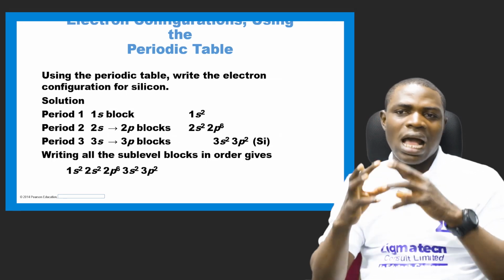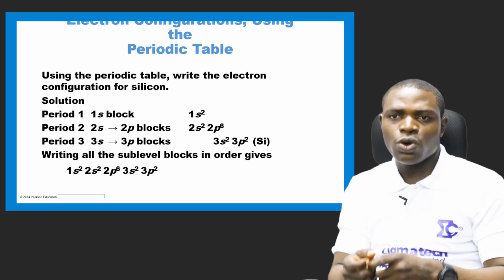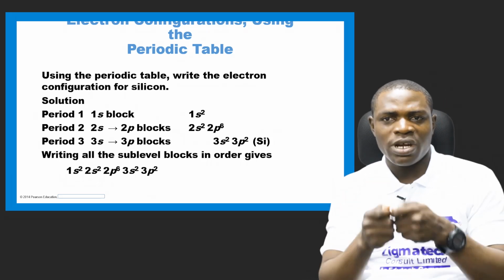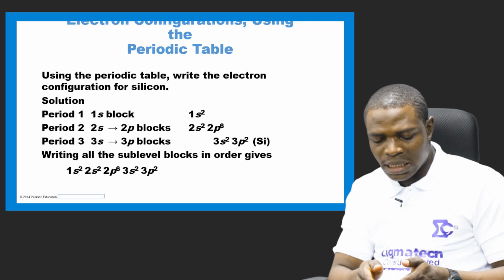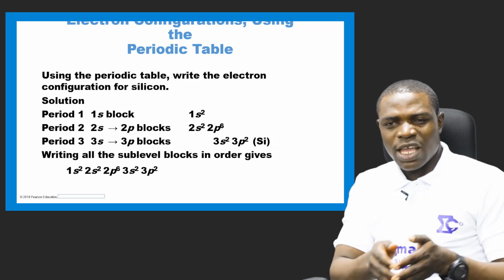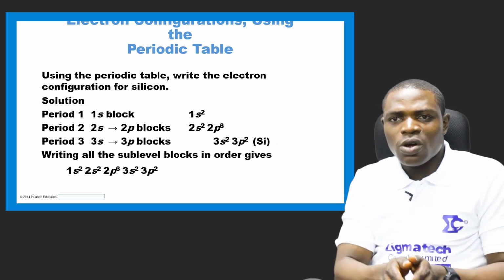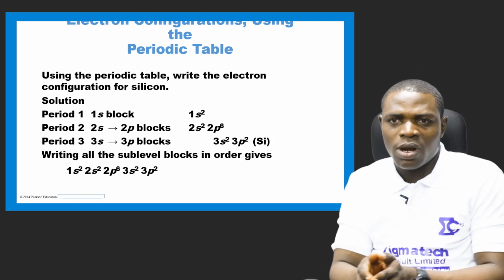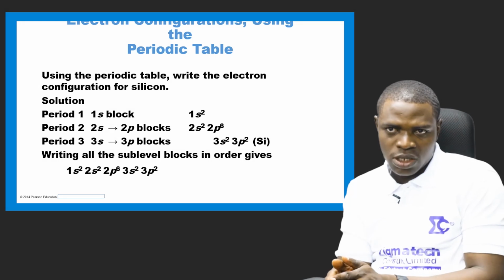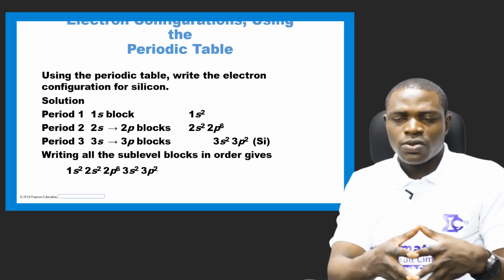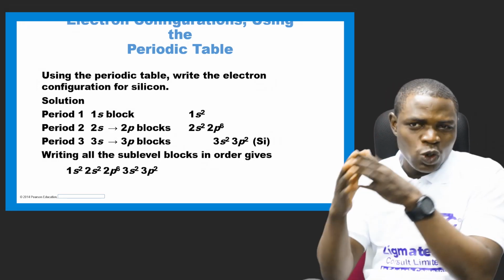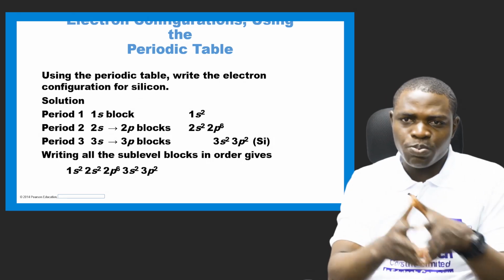Beryllium has atomic number 4. So if you want to write the electronic configuration of beryllium, you start from 1s1, 1s2. Now you cannot say 1s3. Why? Because the S orbital can only accommodate a maximum of 2 electrons. So you go to 2s. You now say 1s2, 2s2.